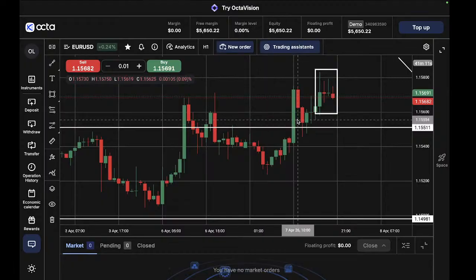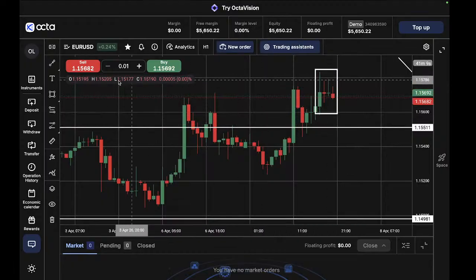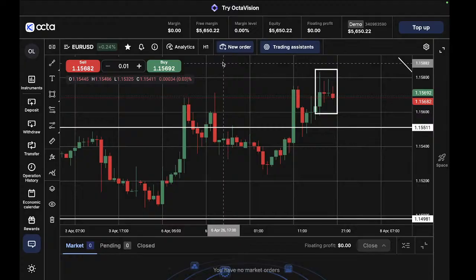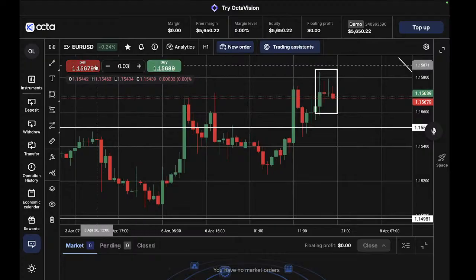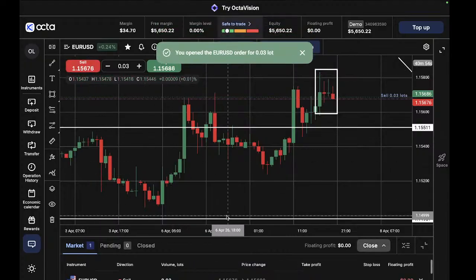All right. So we're going now on the 1 hour time frame. Choosing the 2 lot size or the 3 lot size. Click on sell. We're going to sell here. So we've taken a sell position from here. Why?